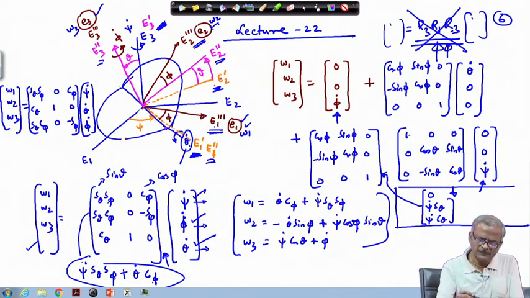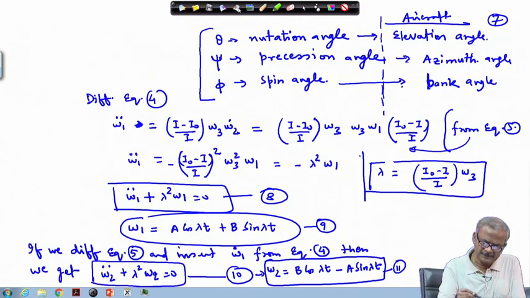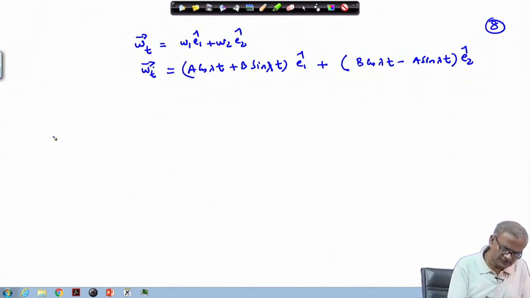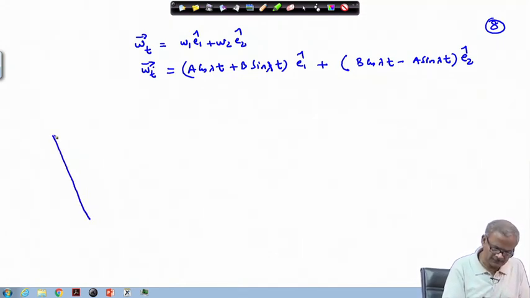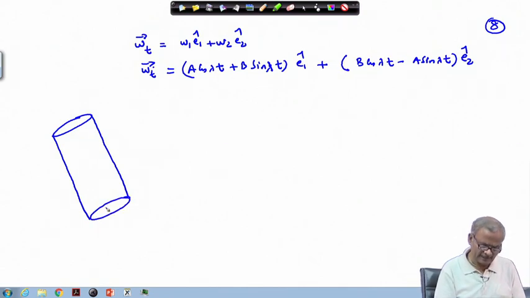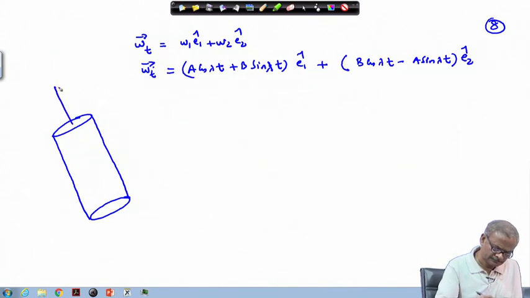This is very useful in the case we are discussing, a rigid body which is symmetric. So, we can look at this case from here, say this is a cylinder. This is the axis of the cylinder.